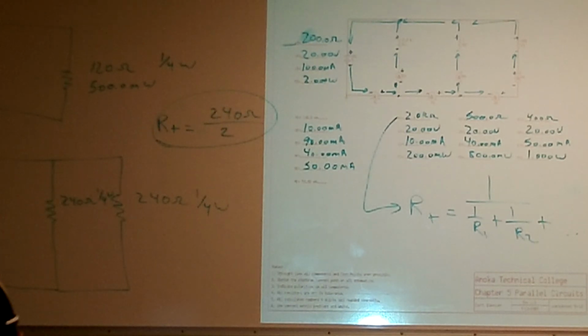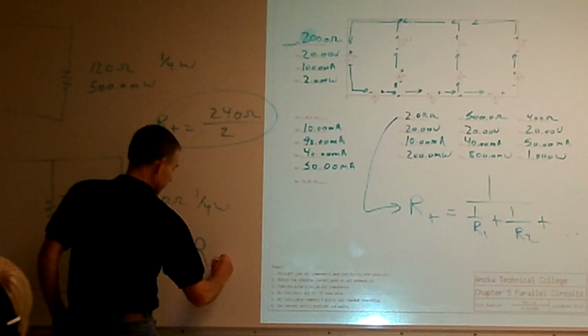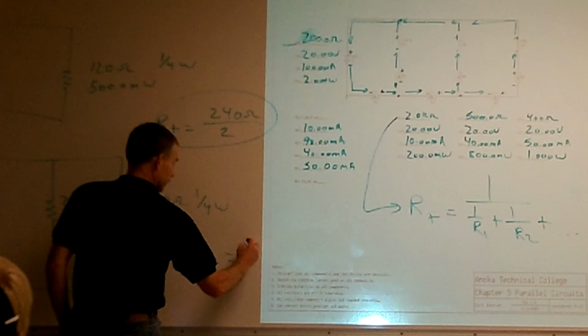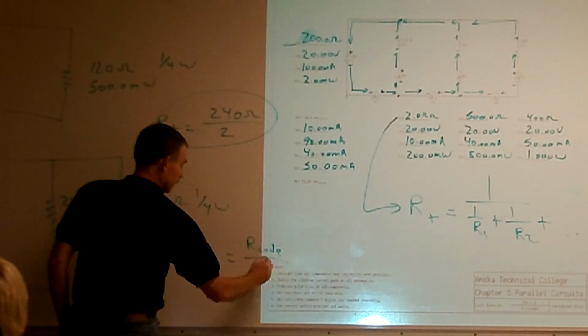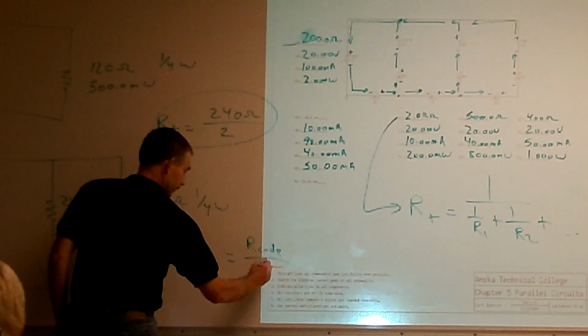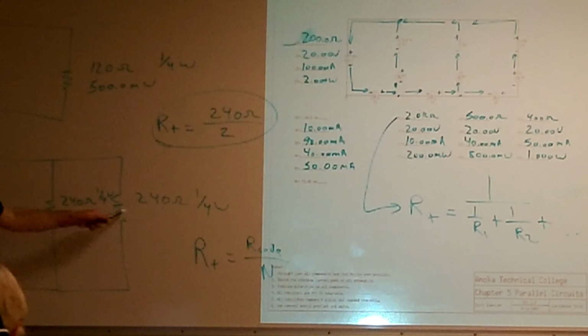Okay? So that was another one. That's the next one. Just remember that RT is equal to your R divided by however many you have in the circuit. As long as they're all the same, we can just take that many number.